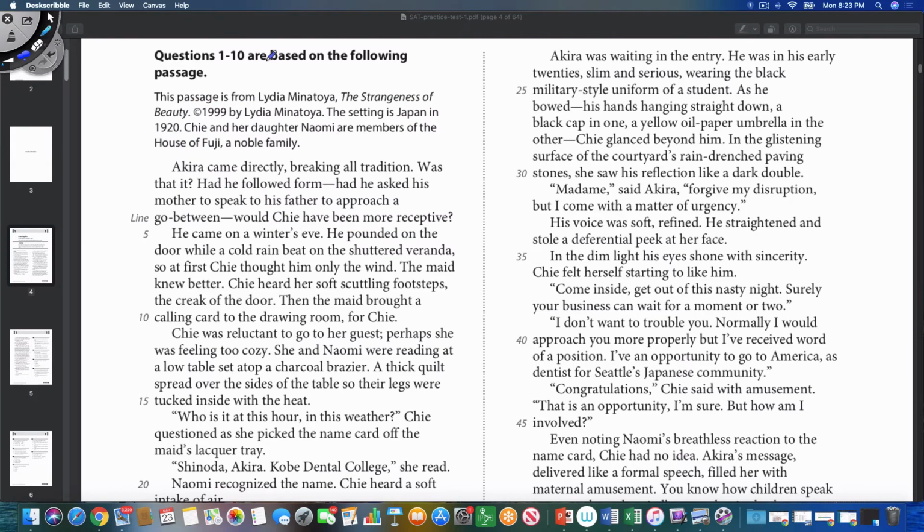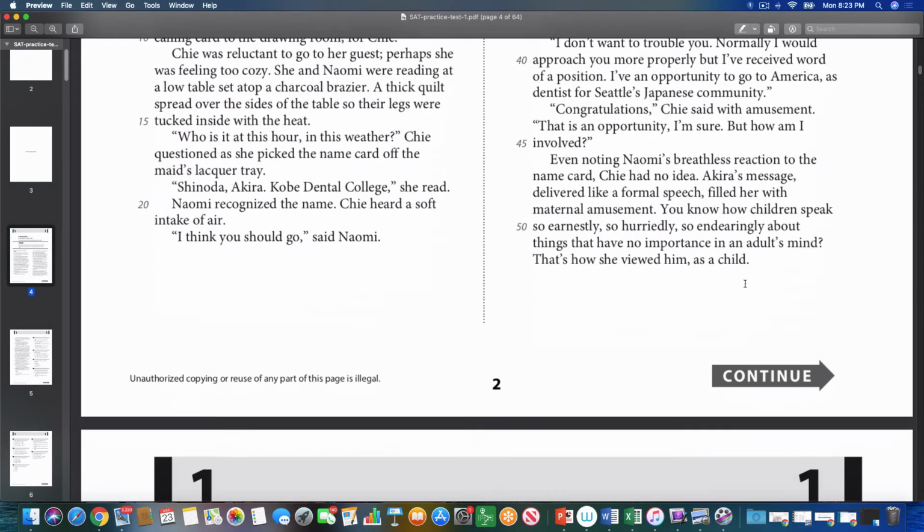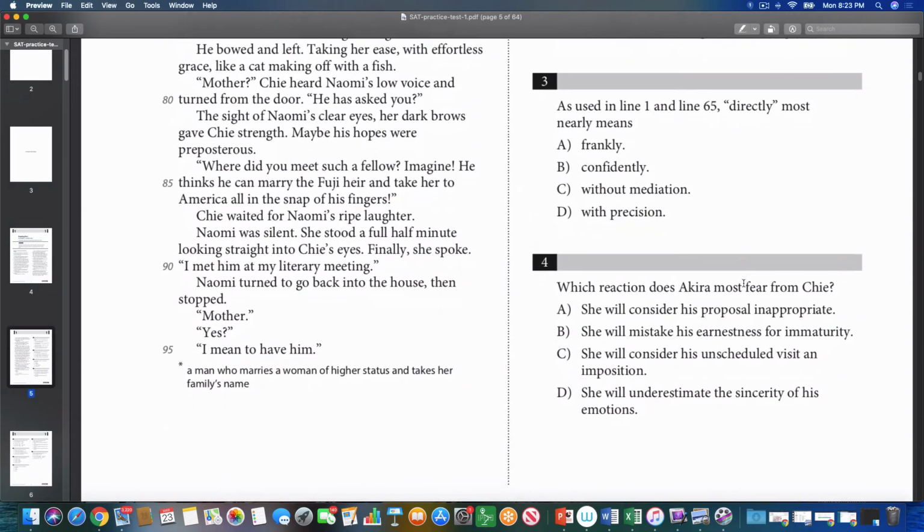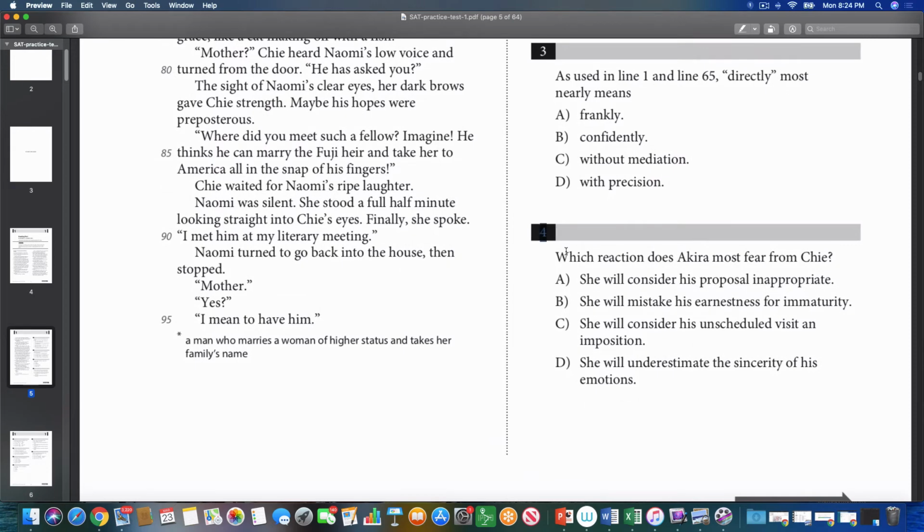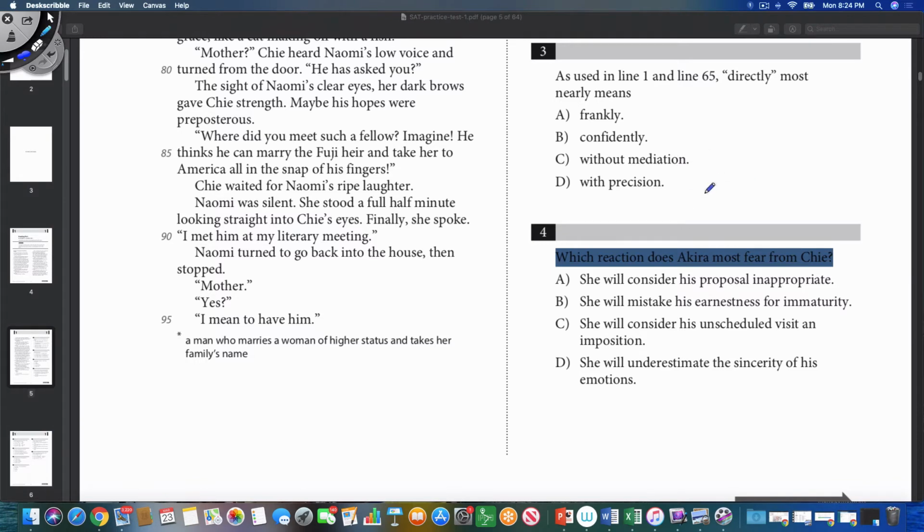So if you go back to that question where we saw that, you'll notice that this was question number 4. Which reaction does Akira fear most from Chi? And remember, in the test booklet, this would have been annotated for you with the annotation that we had drawn before, where we had Akira, we had Chi, and Chi had a reaction, and Akira was scared of that reaction from Chi.